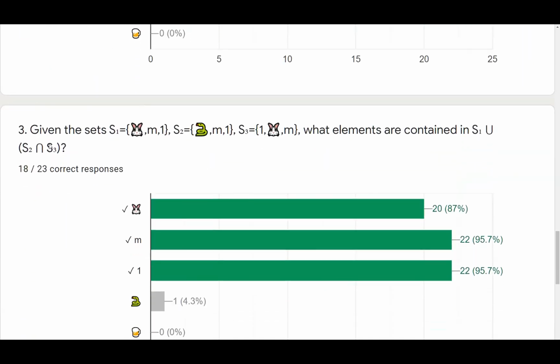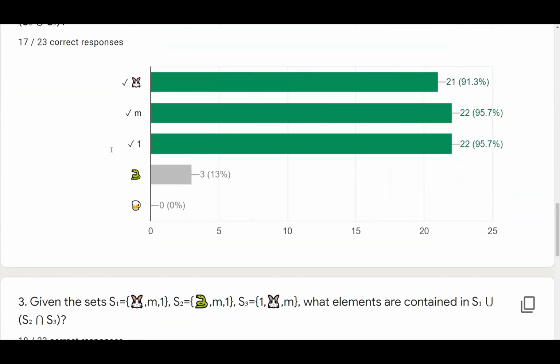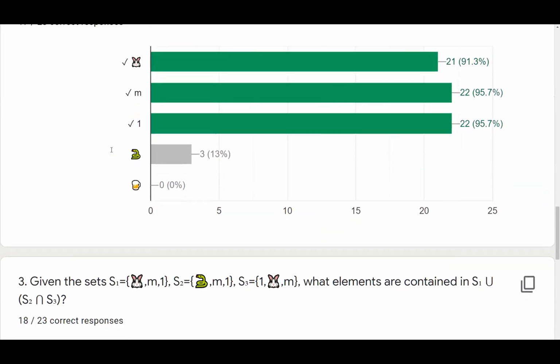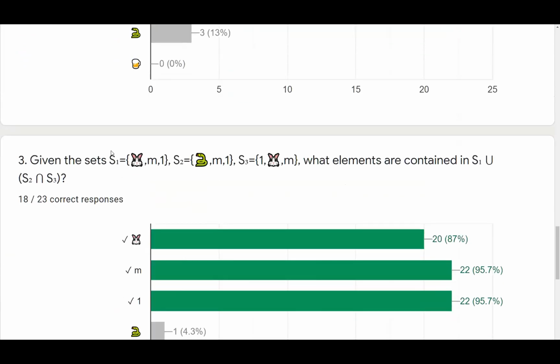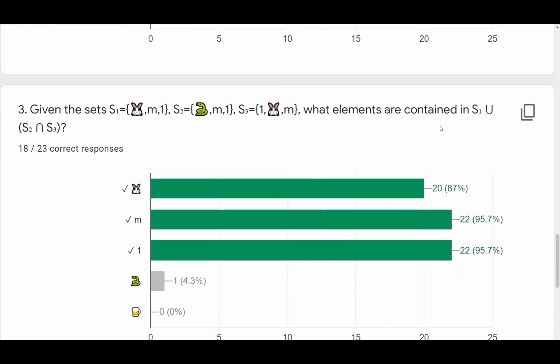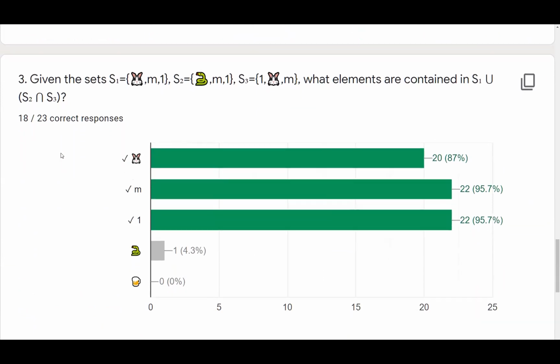All right. So now, I think these are the same sets as before. What elements are contained in S1 union (S2 intersection S3)? Let's start with S2 intersection S3.